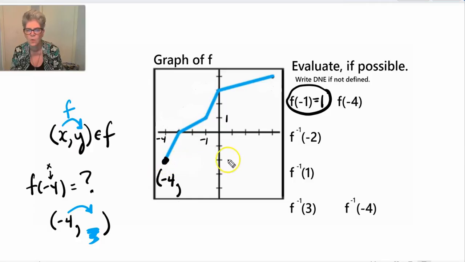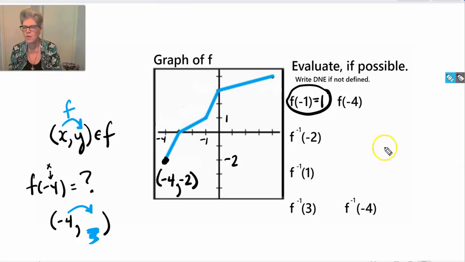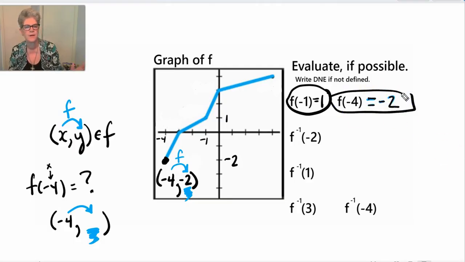And its y-coordinate is -2. So f evaluated at -4 is equal to -2. Okay, so that's what we do for these first two.